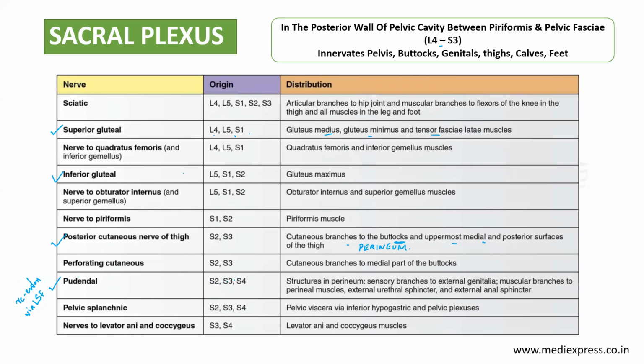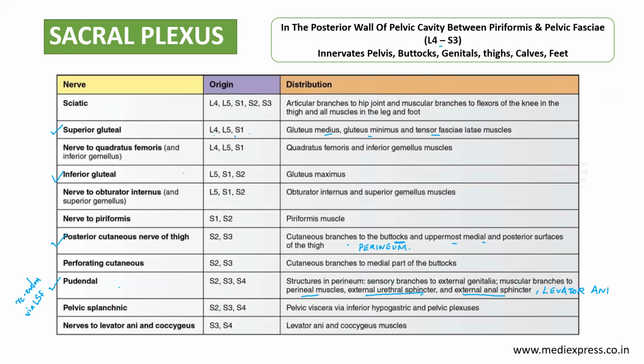The root value is S2, S3 and S4 and it gives off branches to the skeletal muscles of the perineum, levator ani, and majorly to the external urethral sphincter and the external anal sphincter.